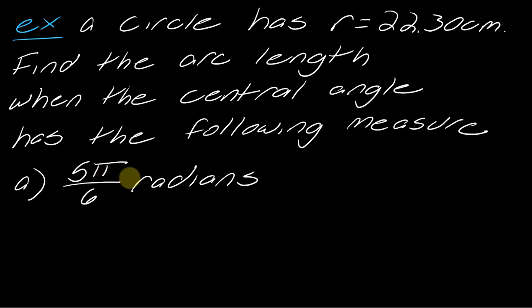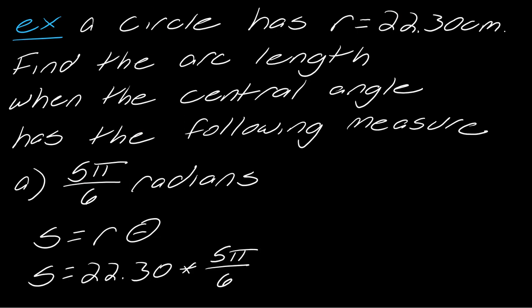This is your ideal scenario, because you can just use the formula S equals R theta and plug in the two pieces: your radius and your angle in radians. Just plug the two numbers in and multiply them together, and I get 58.38 centimeters. So when you have radians, this is pretty straightforward.